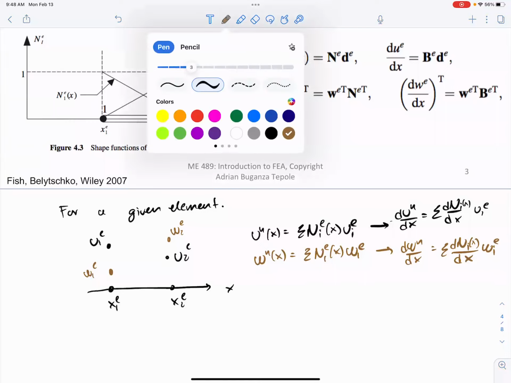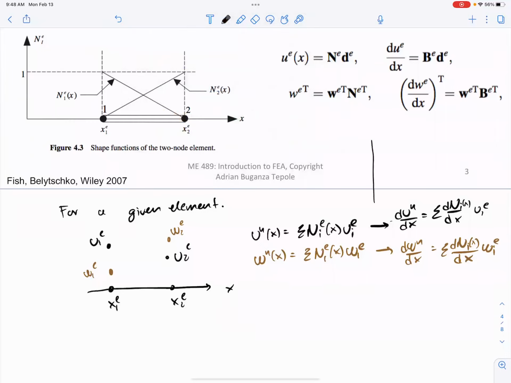The matrix notation up top is just what the book uses. It's nothing more than notation. All those four things on the slide represent is these sums, just in a matrix format.